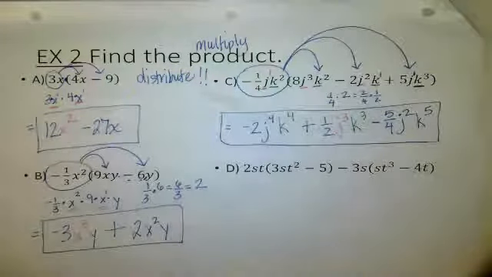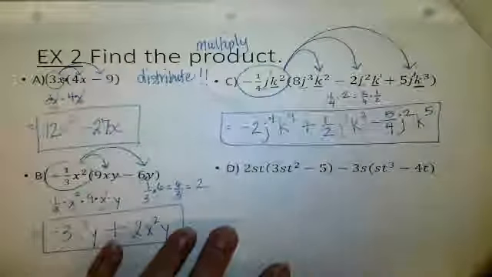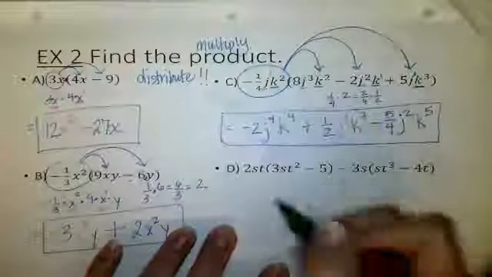All right, 2st times the quantity 3st squared minus 5, minus 3s times the quantity st cubed minus 4t. So what do I need to distribute? 2st. That's right.